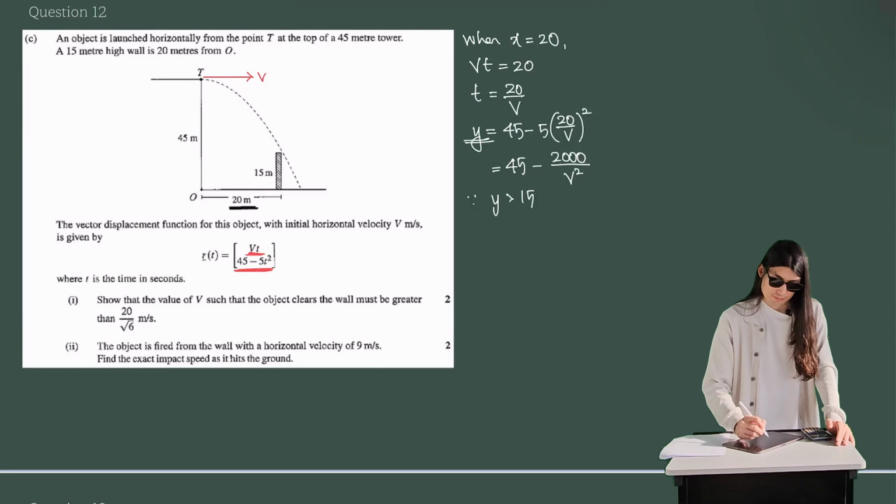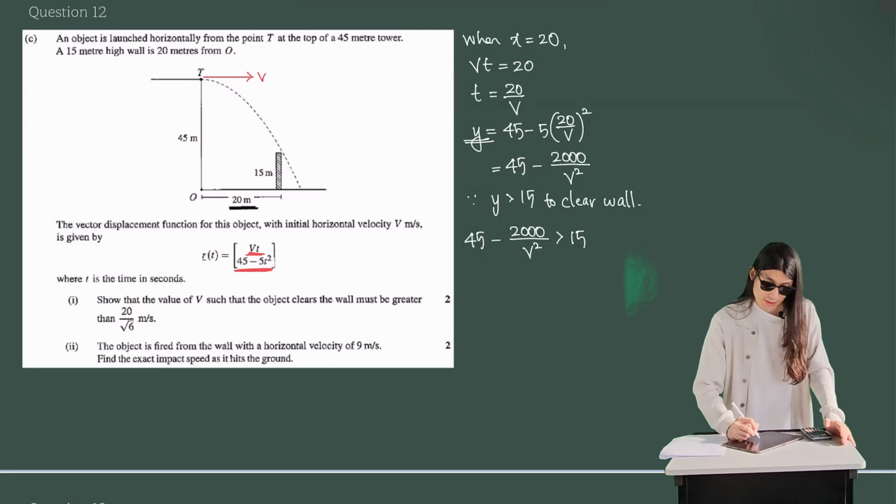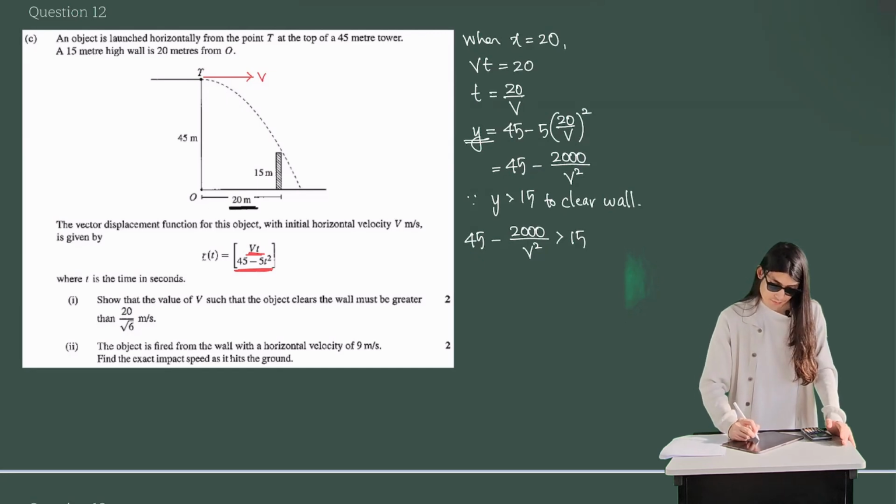So then the expression that I found, 45 minus 2000 over v squared, would need to be greater than 15. That's to clear the wall, of course. Rearranging that, 2000 over v squared must then be less than 30.